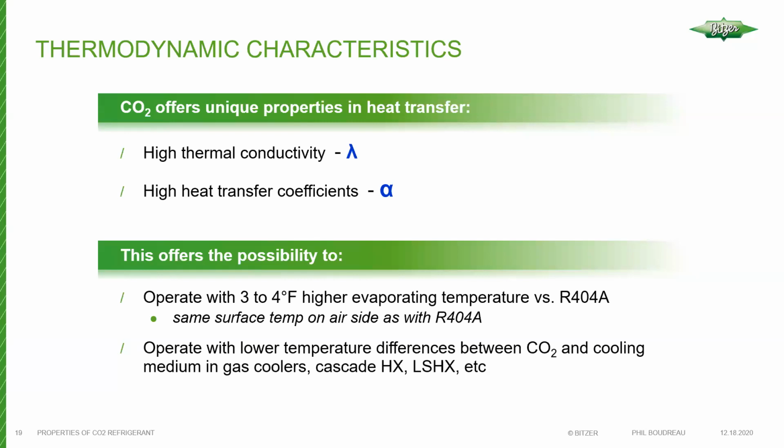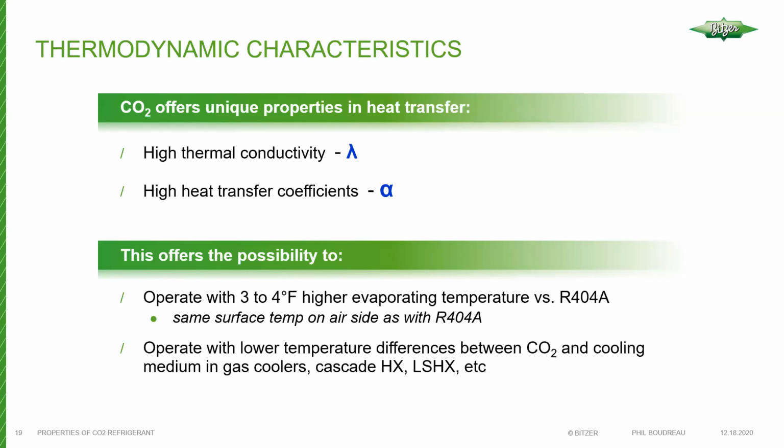CO2 has a high thermal conductivity, making it good in heat exchangers. We get good heat exchange, and therefore higher heat transfer coefficients in those heat exchangers. And with these high heat transfer coefficients and the higher thermal conductivity, we can generally operate CO2 evaporators, say, at just a few degrees higher than perhaps you could with R404 or 507, and that's assuming the same air side fin temperature.